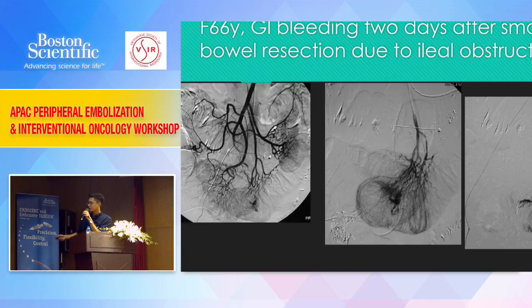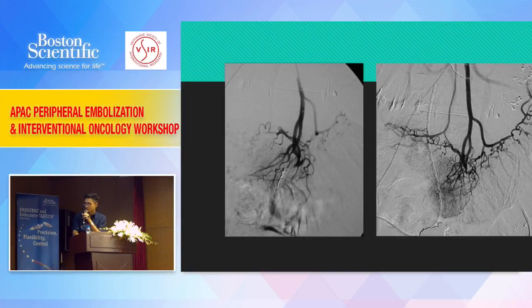We can see the two markers here, and at this point we can occlude it because this is a perforating branch. We can occlude it by coil, very small coil, and it occludes.